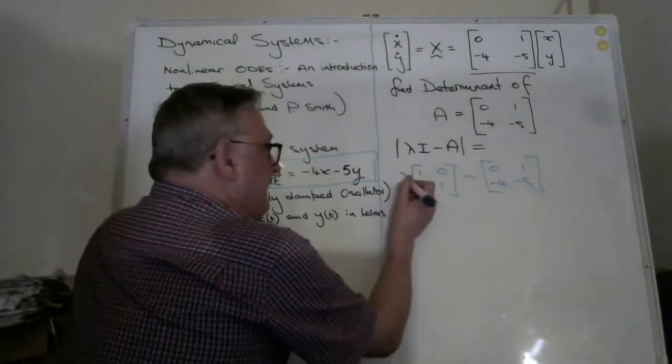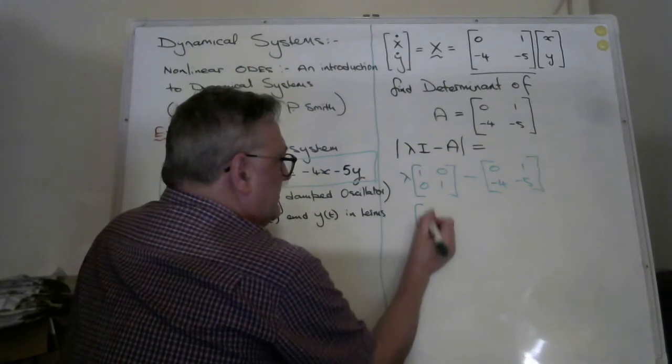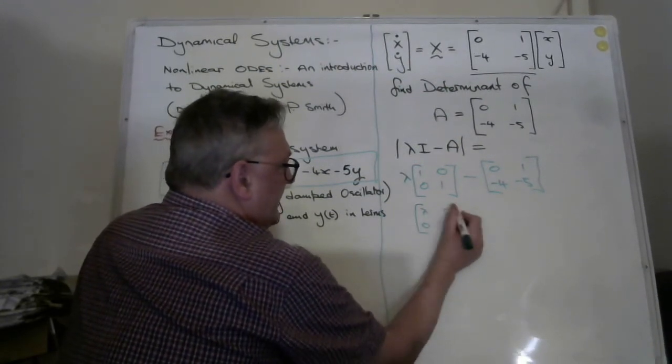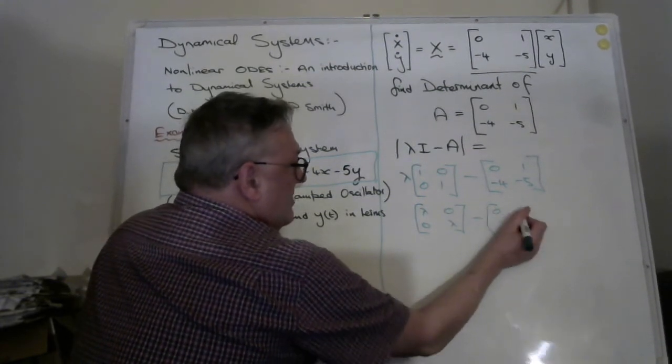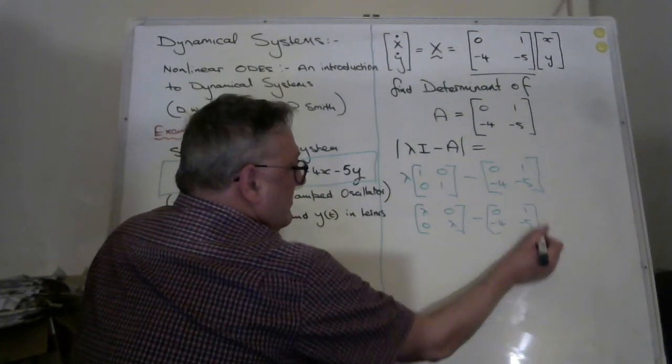So if you multiply lambda by everything in that bracket, you've got lambda with 2 zeros there and a lambda there, minus 0, 1, minus 4, minus 5.